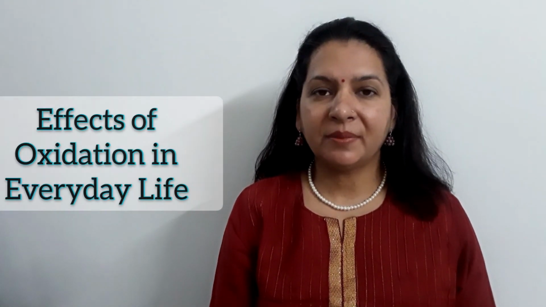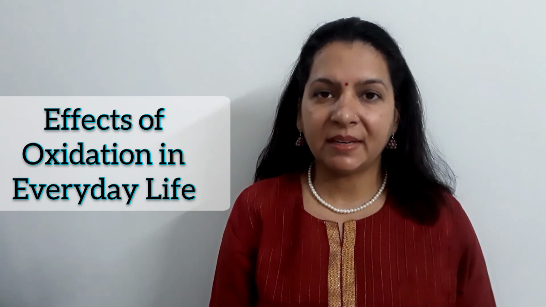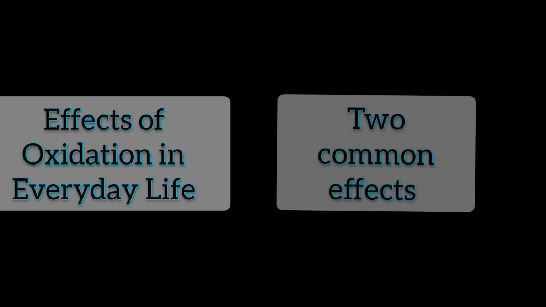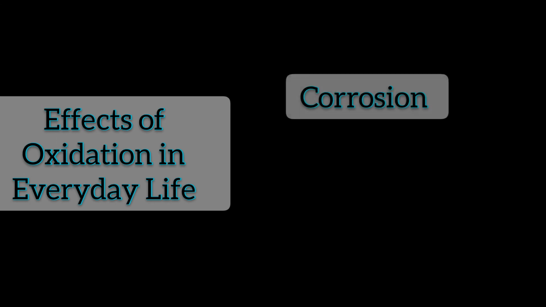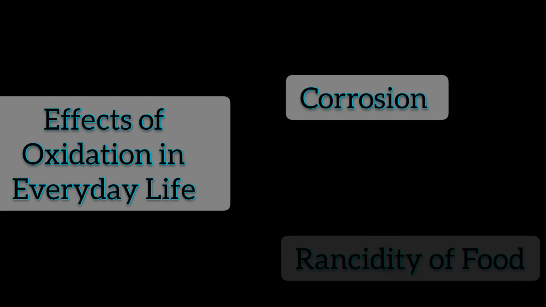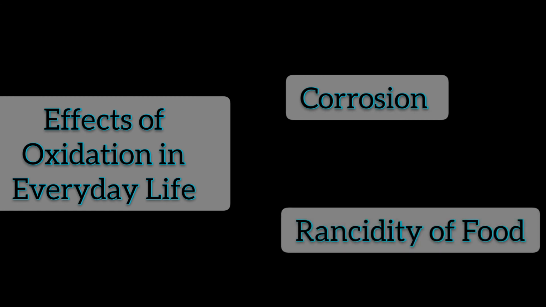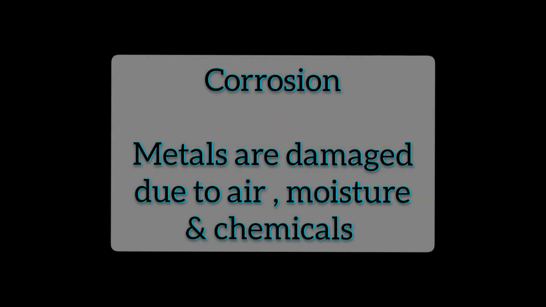Now we will know the effects of oxidation in everyday life. There are two common effects of oxidation reactions in our daily life. One is corrosion and the second is rancidity of food. Corrosion is the process in which metals are damaged gradually by the action of air, moisture, and chemicals like acids.